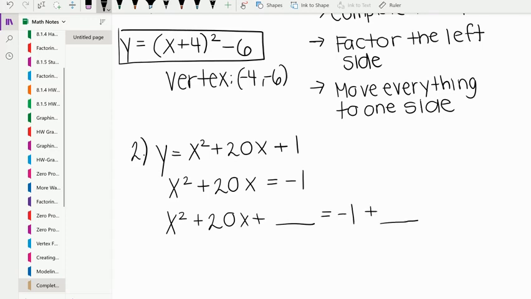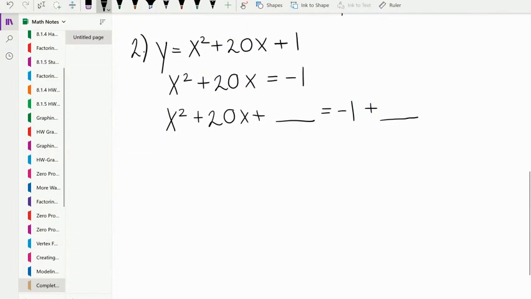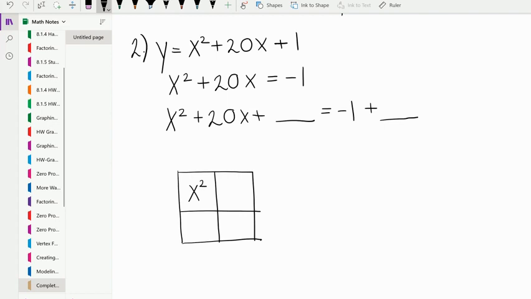So the nice thing about this is it's going to be a very step-by-step process. So as long as you know those steps, it should be pretty simple. The next step is we create our box. And we take the first term, which is x squared, we place that in the first box. We take 20x, we split it in half, so we get 10x and 10x.